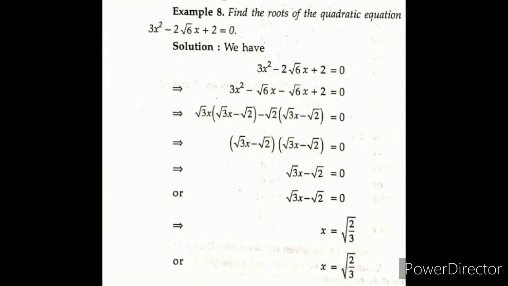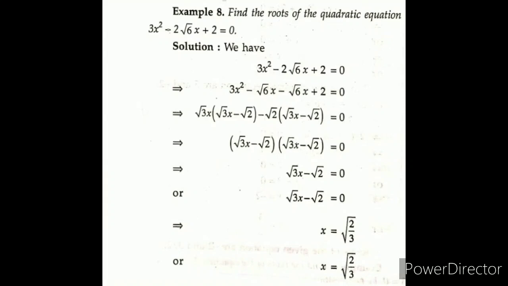Again I split 2 root 6 into two parts, root 6 and root 6. Again we will not forget the minus, because it is minus 2 root 6. So minus minus became positive because the product was positive 6, and root 6 became minus 2 root 6. So similarly here we will take root 3 common.